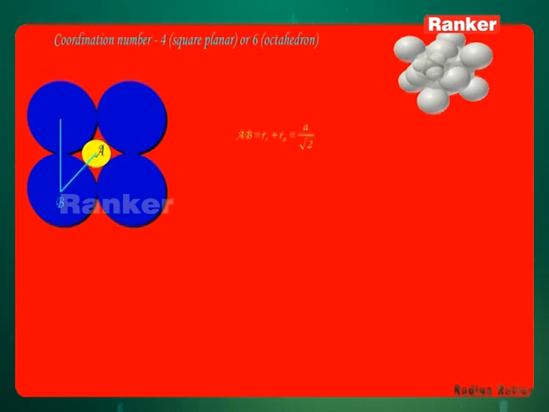Now, AB is equal to RC plus RA, which is equal to a by root 2. So, therefore, a is equal to 2RA, and RC plus RA is equal to root 2 RA. Therefore, RC by RA is equal to 0.414. So, if the minimum radius ratio of cation to anion is equal to 0.414, then it will have coordination number 4, and you will get a square planar void. A cation of minimum size 0.414 is the one that occupies a square planar void as well as an octahedral void. Octahedral void also we will see now.